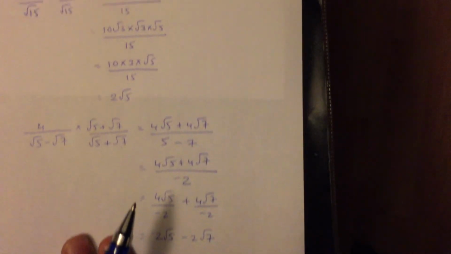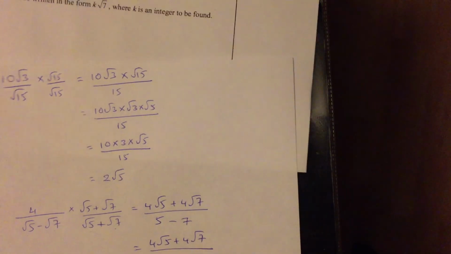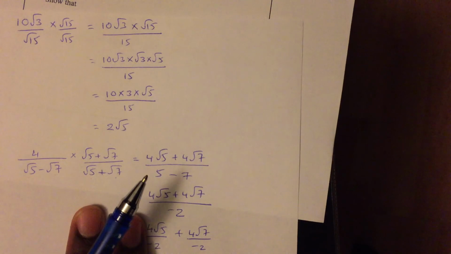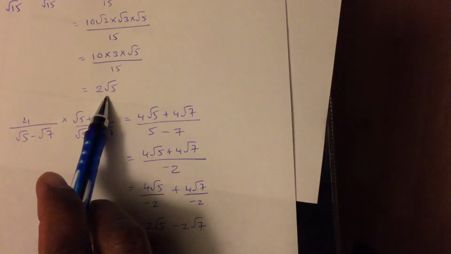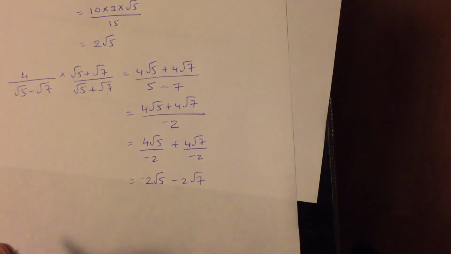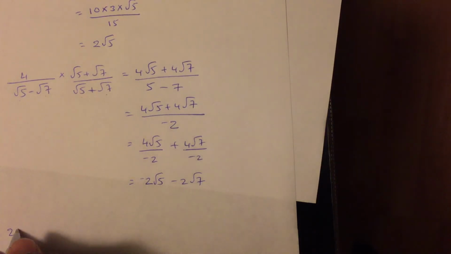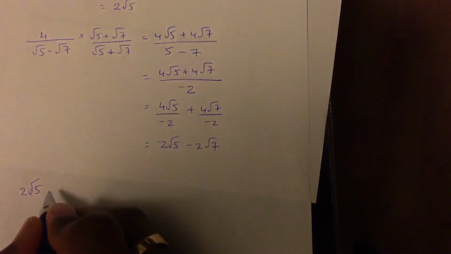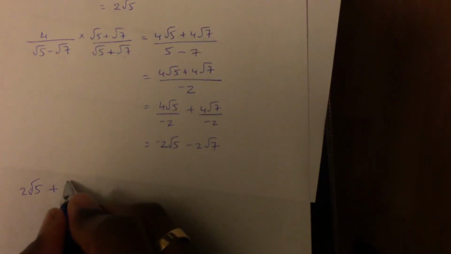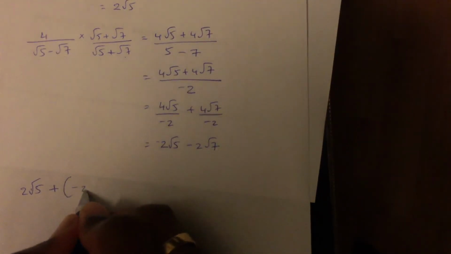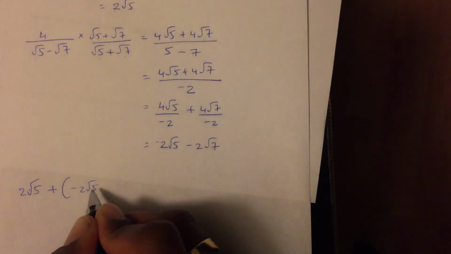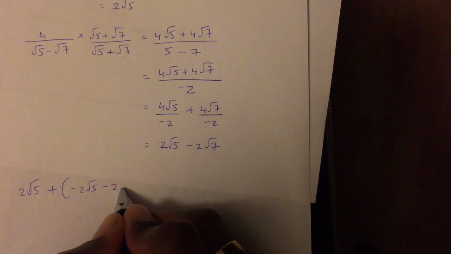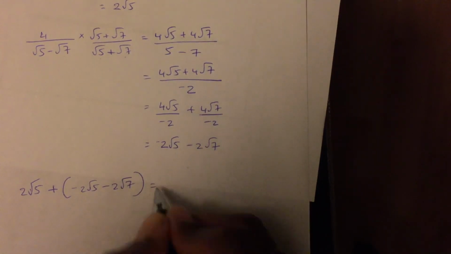So remember the question was this term plus this term. So what we need to do, we need to take this one, we add this one. So we have 2 square root of 5 plus, I'll put this one into bracket, so minus 2 square root of 5 minus 2 square root of 7.